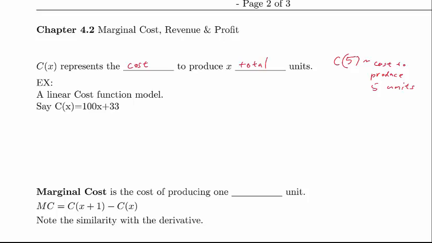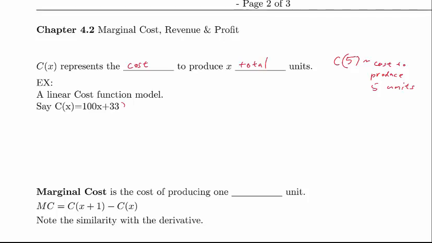There are also some more statistical methods used, like regression models. It's not something we're going to talk about too much in this course, but if you get into a statistics-based course, that's how they come up with a lot of these models. There are various schemes to come up with them, but for right now this is a linear cost model.